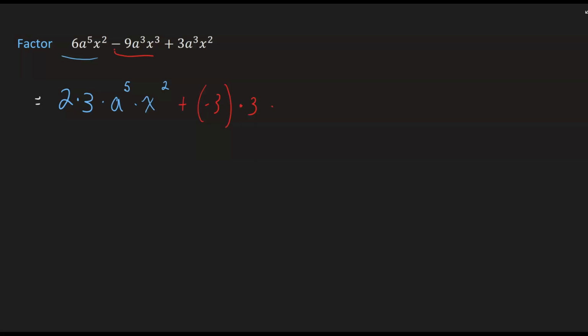We'll do a cubed, and we'll do x squared cubed. The last one we will do in green, plus 3. I can't factor 3 out anymore, so that's just 3, a cubed, x squared.